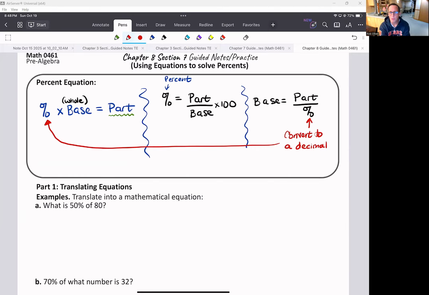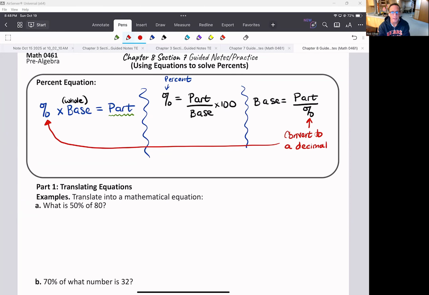Usually it's kind of obvious what the percent is. But the base and the whole and the parts aren't always crystal clear. So when you're setting these things up, you really do want to make sure you're dealing with the right thing.